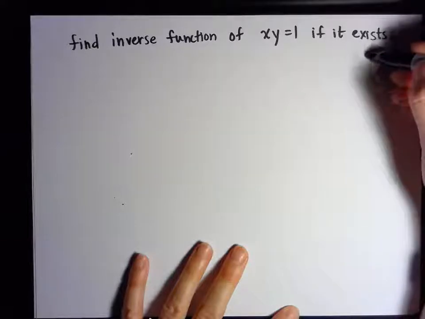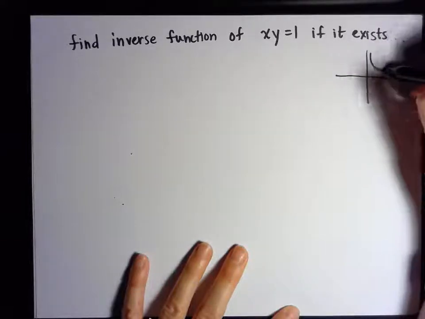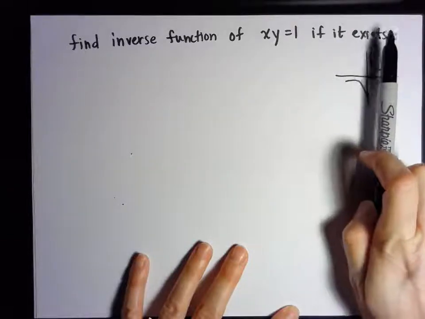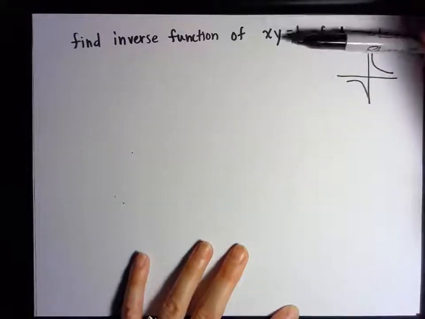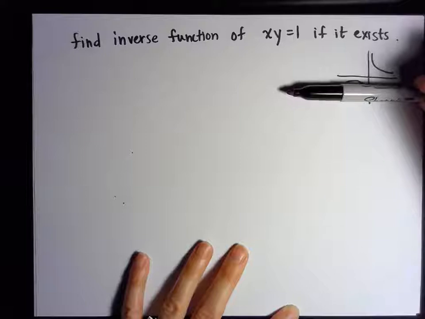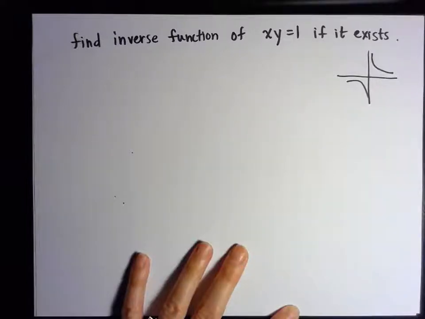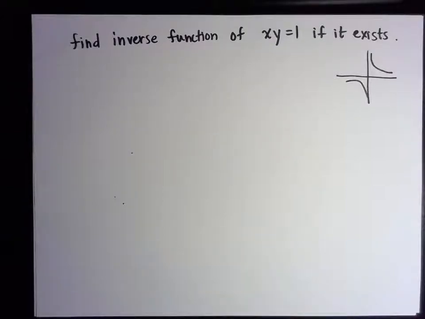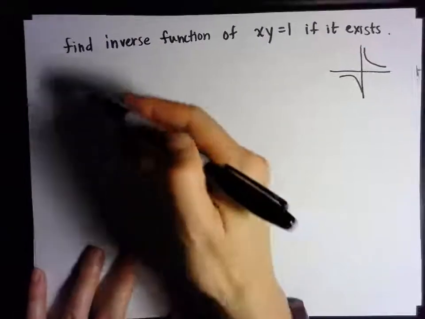Well, let's think about it. We graphed this before and it looks like this. Passes the vertical line test. It passes the horizontal line test. Okay, it is 1-to-1. Okay, so it should have an inverse.